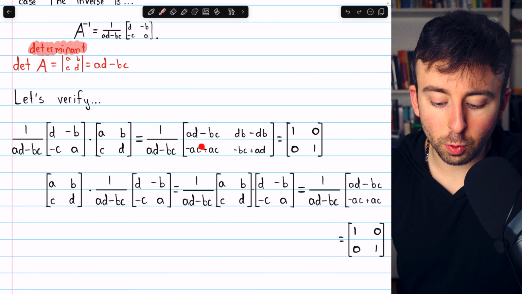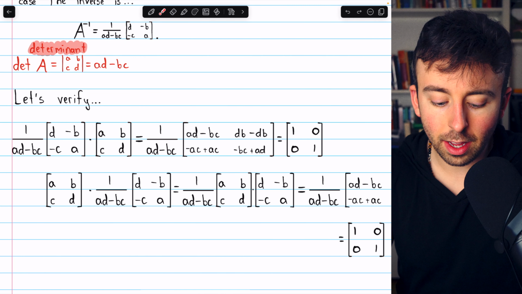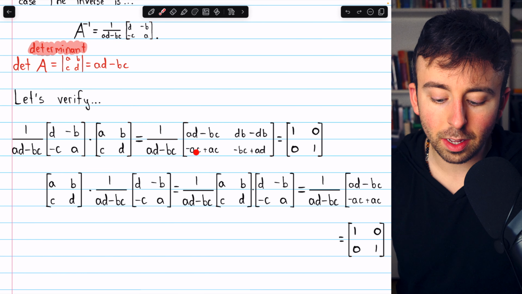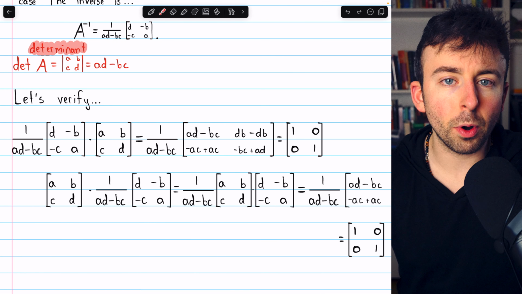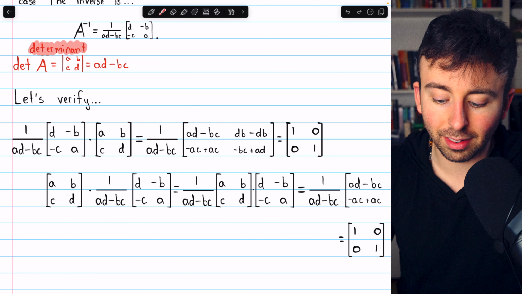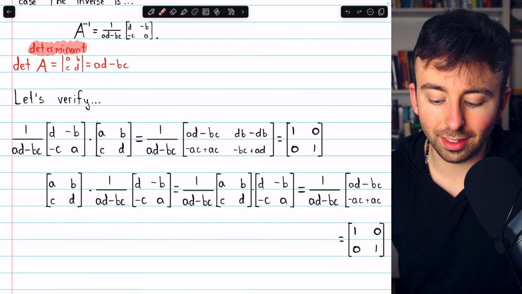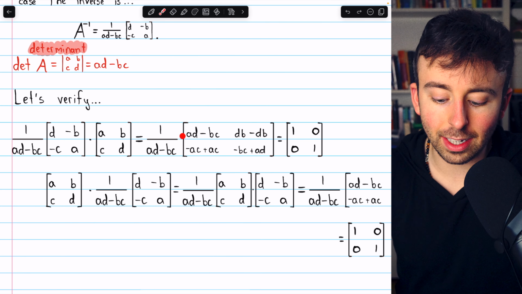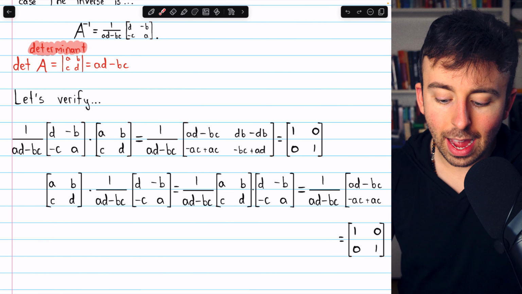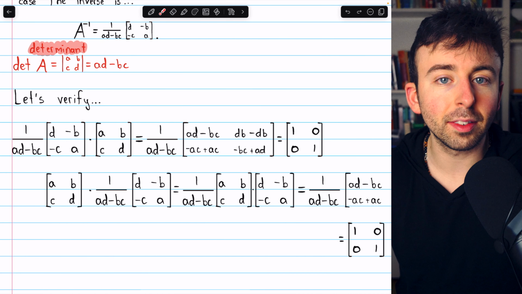Just like in this entry down here, this comes from negative C times A plus A times C, which I've written as negative AC plus AC, writing each product in alphabetical order. And this helps us to see how that obviously cancels out to 0, just like this entry here will cancel out to 0. Meanwhile, AD minus BC multiplied by this scalar cancels out to 1, and negative BC plus AD multiplied by this scalar also cancels out to 1.